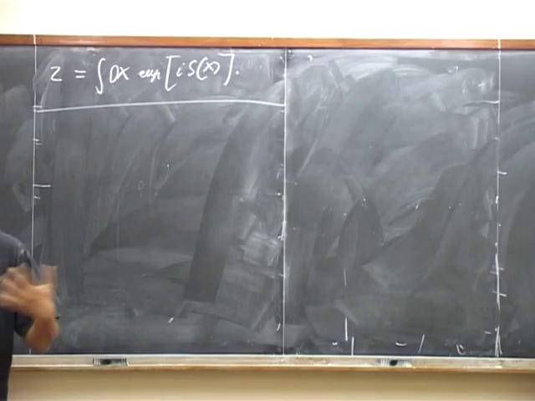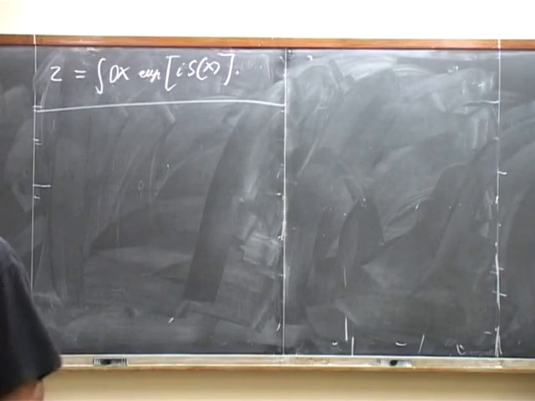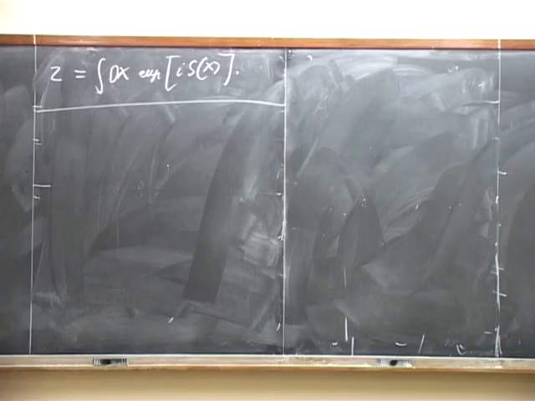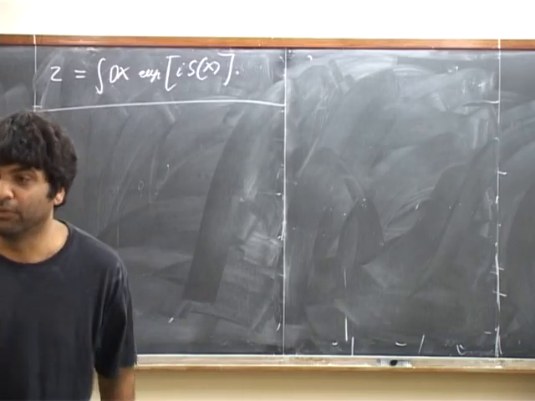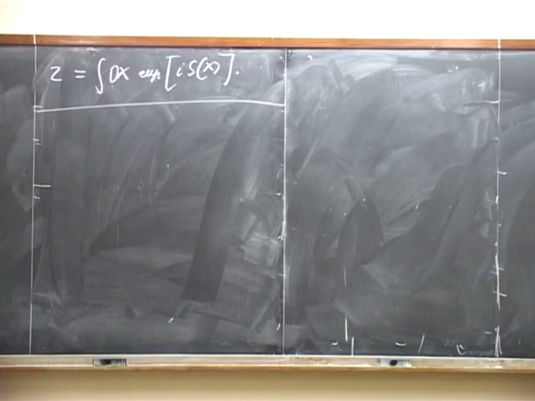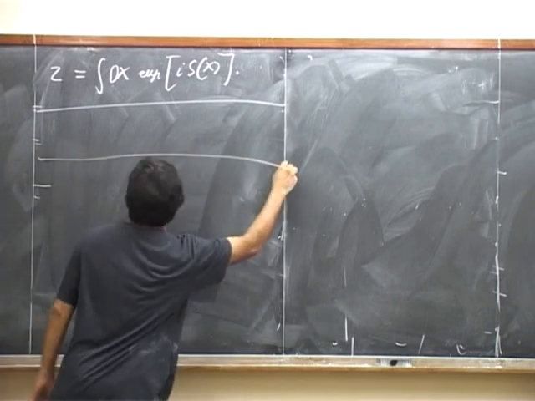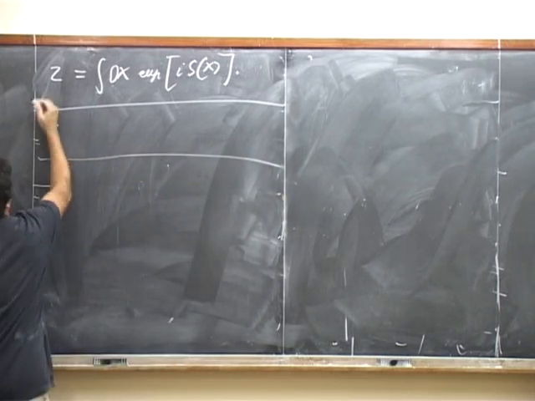Interesting objects that you compute in quantum field theory, and that will be of great interest to us as we move on in the course, are correlation functions. That is, objects of the following form.